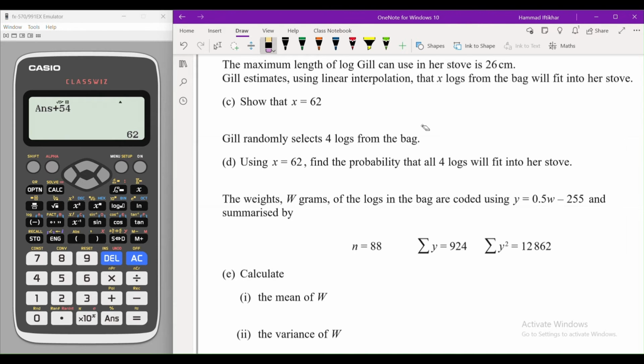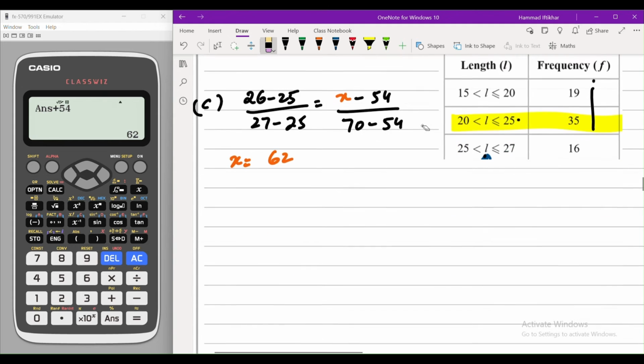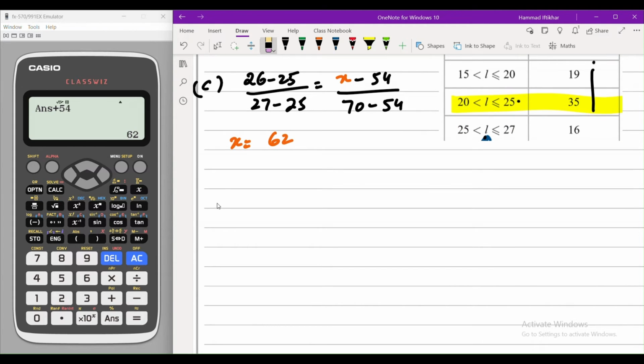So all 4 logs would mean that all 4 logs are less than or equal to 26.